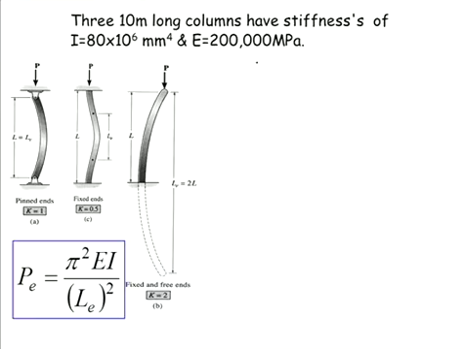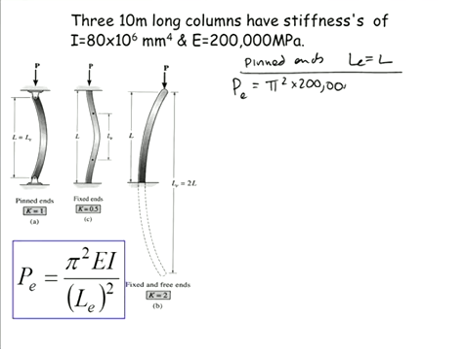Let's look first at our pinned ends. So my effective length is equal to my length. For this case here, we were given Young's modulus, we were given I. You assume this is a rectangular section, so it has the same I about both axes.